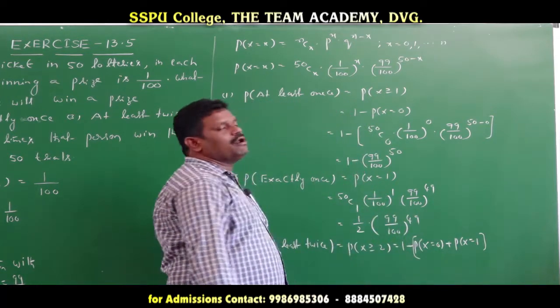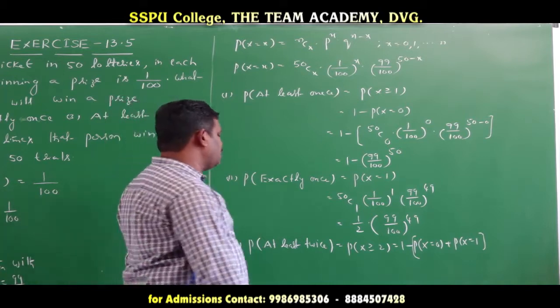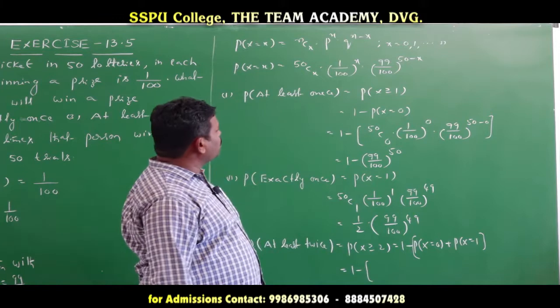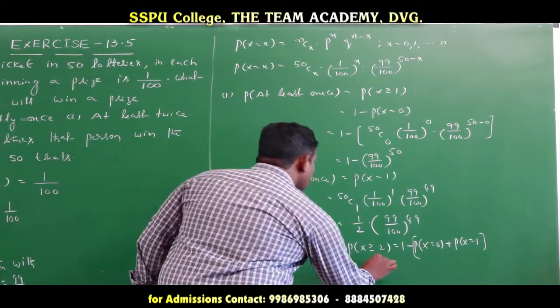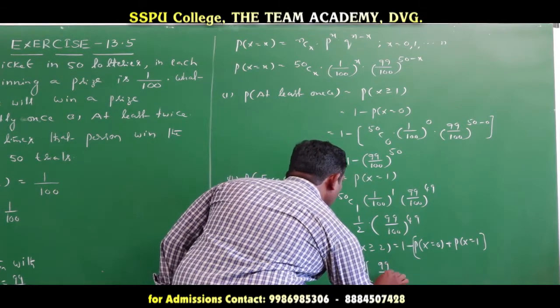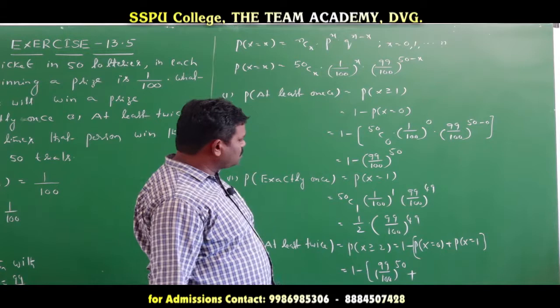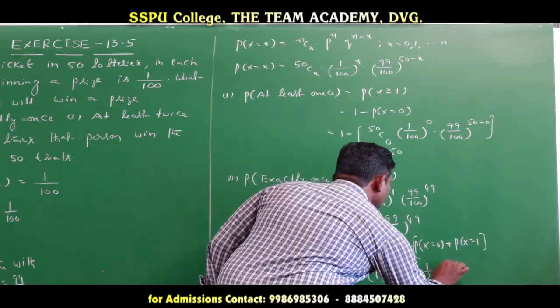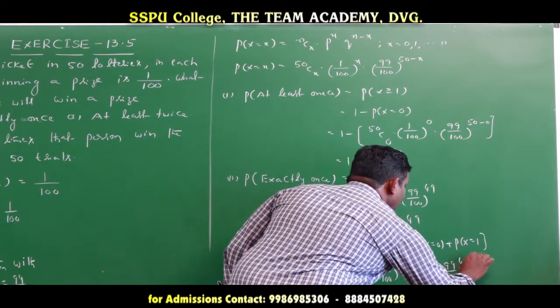So total probability, subtracting the 0 case and the 1 case: 1 minus 99 by 100 whole power 50 plus 1 by 2 into 99 by 100 whole power 49.